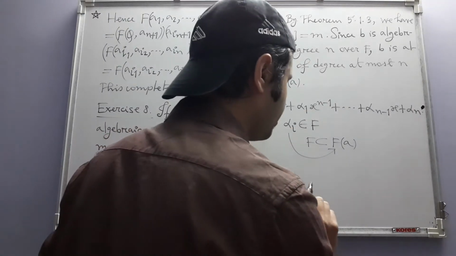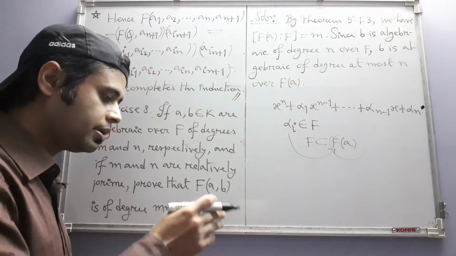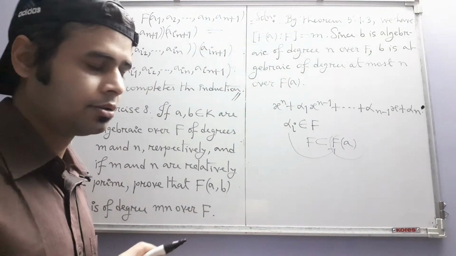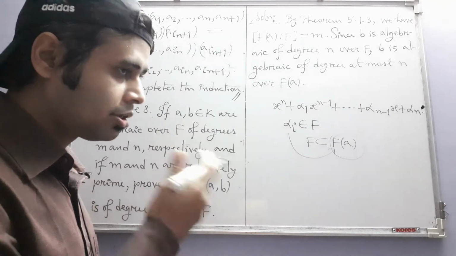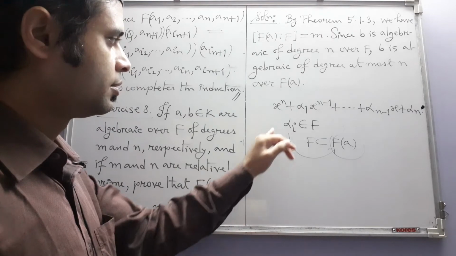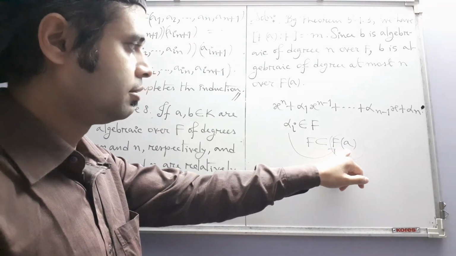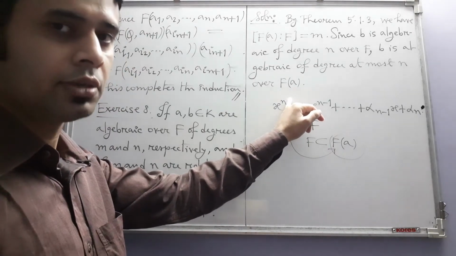Now it may or may not happen that over F(a) there is a smaller degree polynomial which also b satisfies. In any event, the degree of b over F(a) will be less than or equal to n.